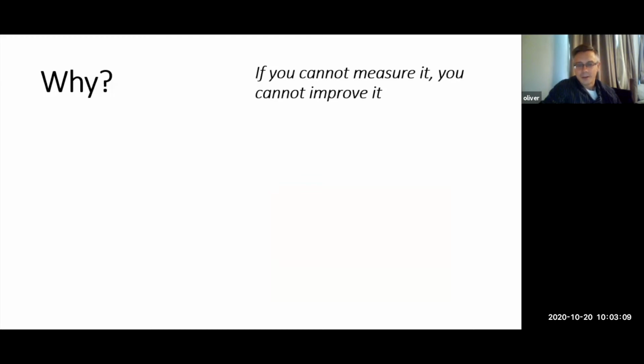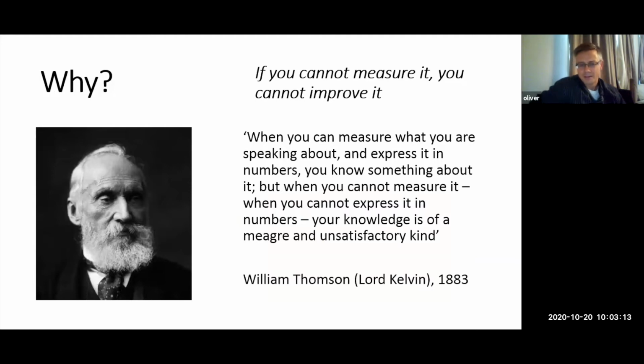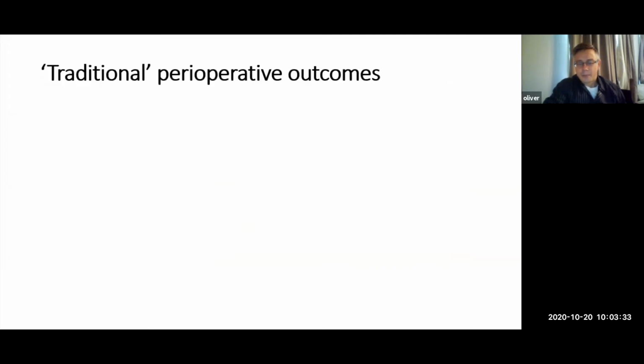Lord Kelvin, who was around at the end of the 19th century, looks like a fairly austere bloke from the photos I've been able to find of him. He was very into measurement and said that if you can't measure things and put numbers on things, then you can't improve things. And I think we all know that from our audit and QI work in the NHS. He was the first person to really encapsulate this idea.